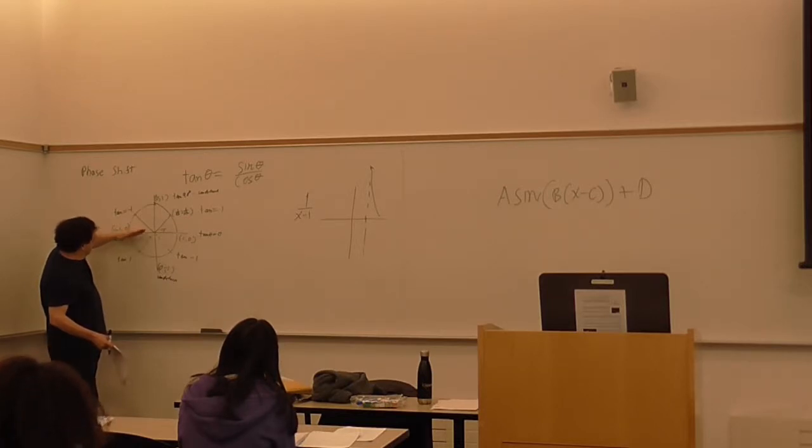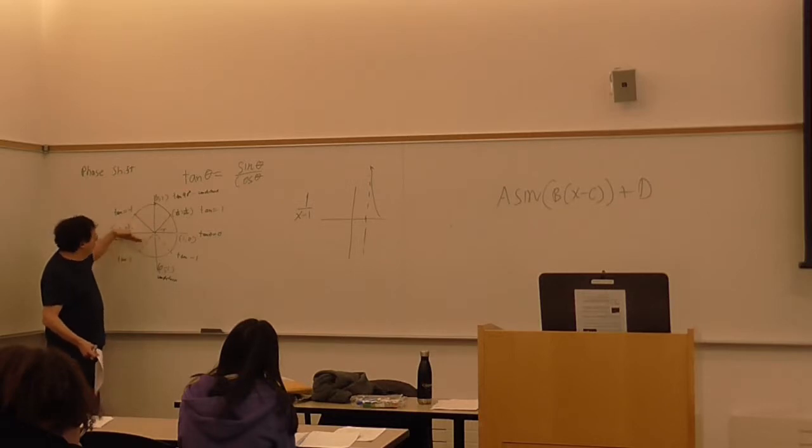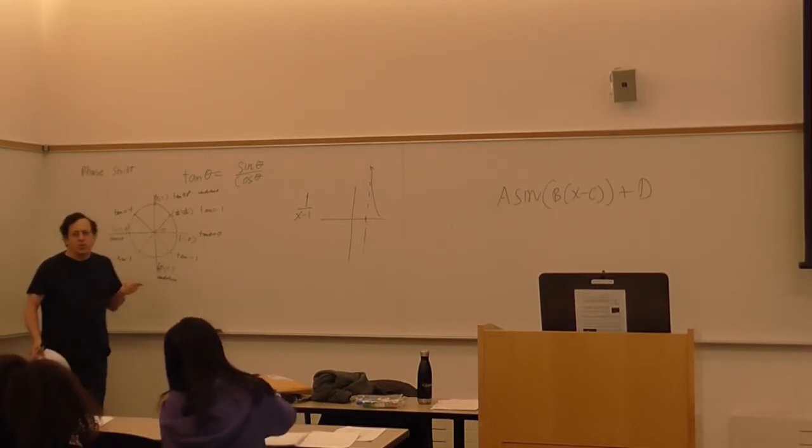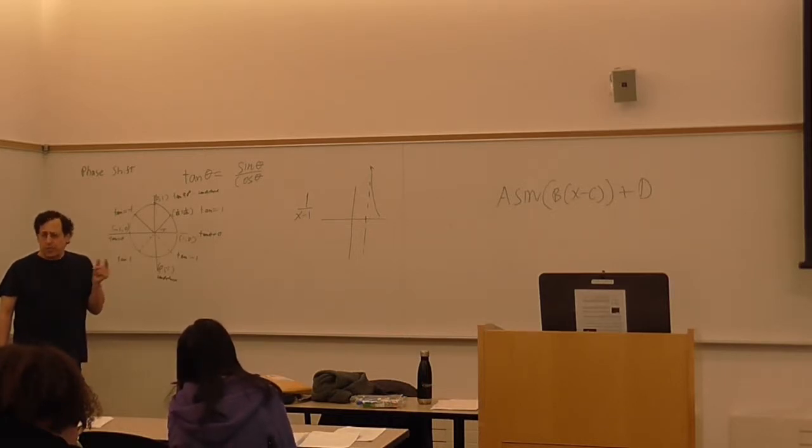Then we go back up to 1 and up to undefined again. It's like we're repeating what we did over here, which is to say we might expect the period not to be 2 pi. It's going to repeat more often. It's going to repeat every pi.